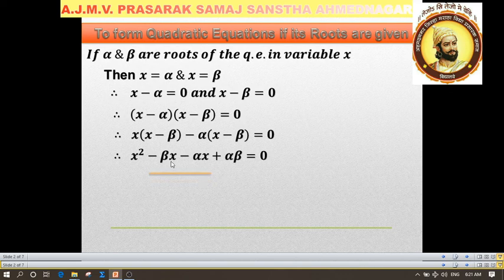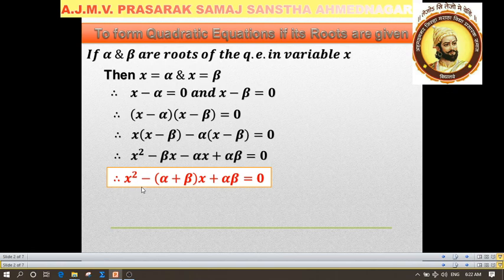Now taking common negative sign to the left hand side and variable x to the right hand side, we have x square minus (alpha plus beta) into x plus alpha beta is equal to 0. So this is the formula for finding the quadratic equation if roots alpha and beta are given.